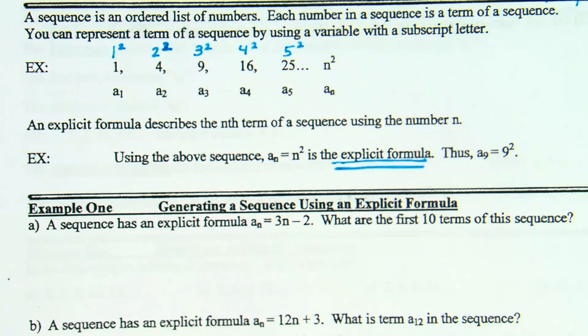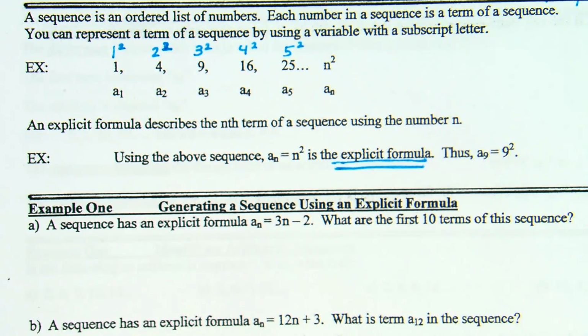Okay, so let's look at example 1 here, generating a sequence using an explicit formula. A sequence has an explicit formula, so they're giving you the explicit formula: A of n equals 3n minus 2. What are the first 10 terms of this sequence?